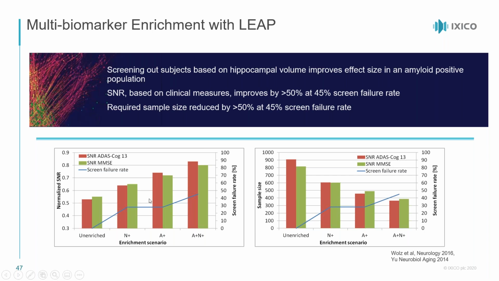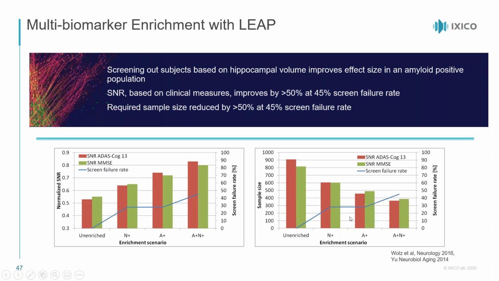Another commonly employed enrichment criteria in more recent trials is to screen or perform stratified analysis based on amyloid positivity. And this has an even greater effect on improving SNR and reducing sample sizes for clinical trials.